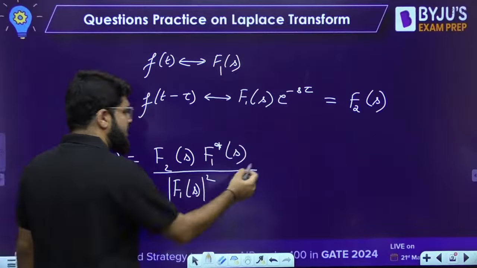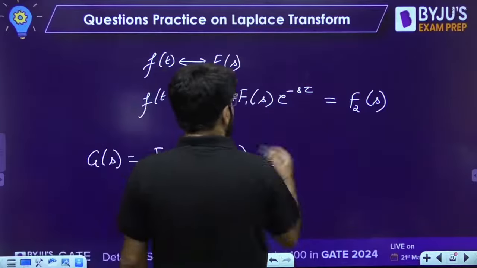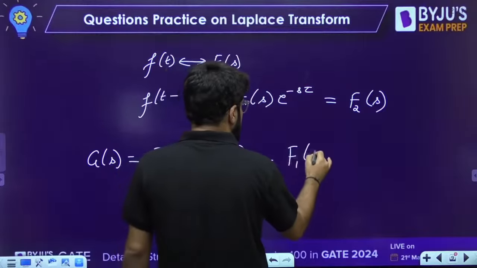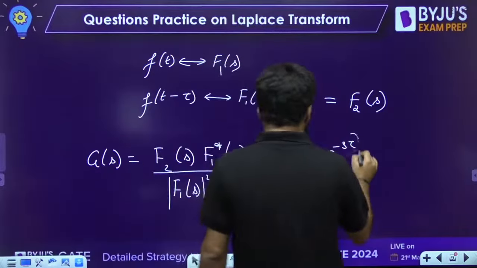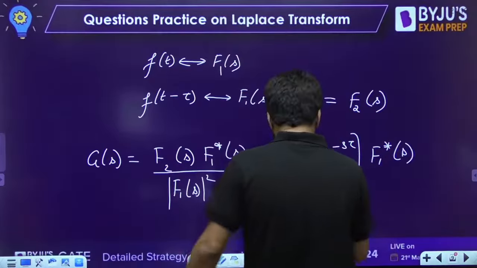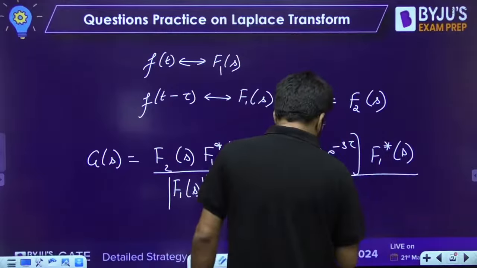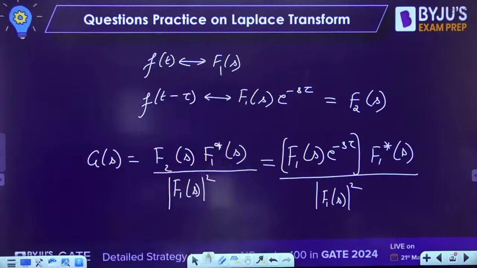Now let us put down and then understand whether it is a complicated or an easygoing question. So f2s, what is f2s? It is f1s e power minus s tau, right? Whole multiplied by f1 star s divided by modulus of f1s whole square, right?